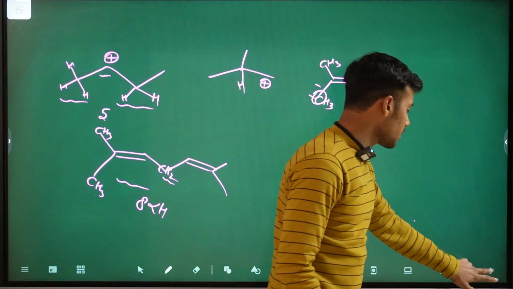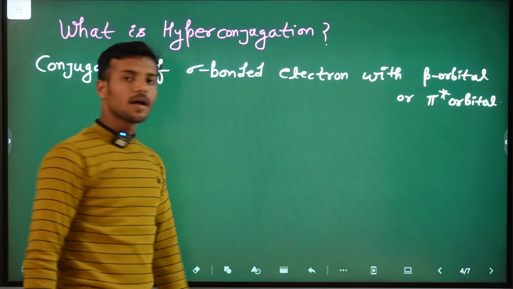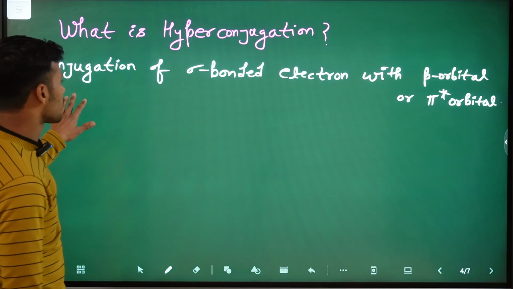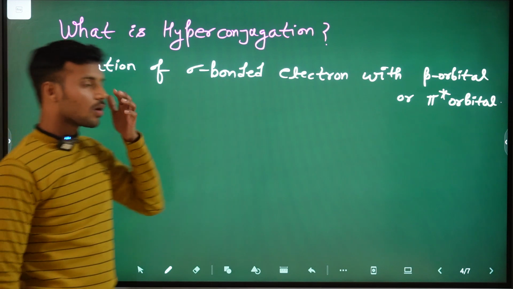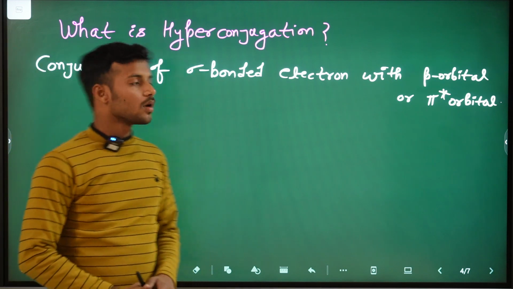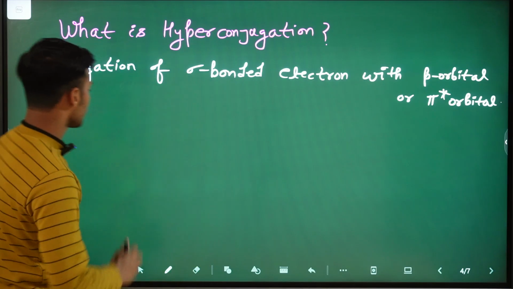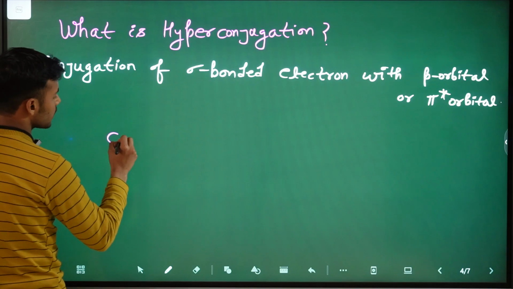Now I am going to start with what hyperconjugation is. This effect is nothing but the conjugation of sigma bonded electrons with a p orbital or pi star orbital. Take an example of the ethyl carbocation.